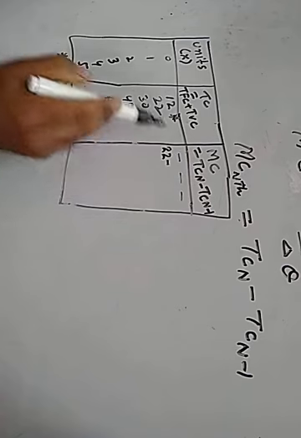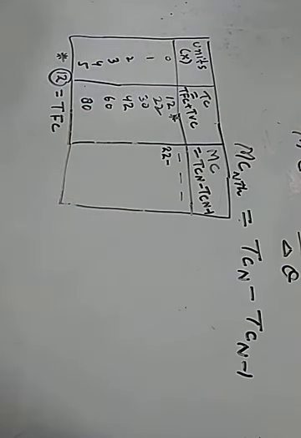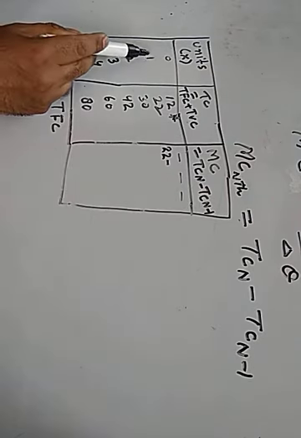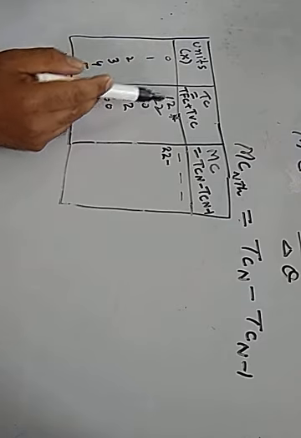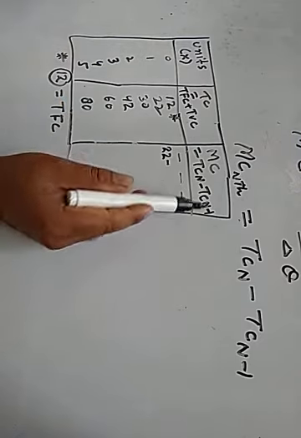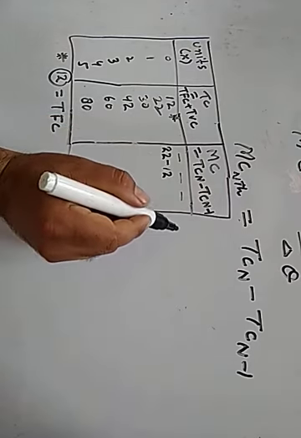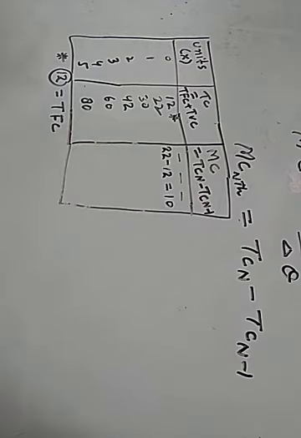That is total cost of n, the current unit, that is 1 unit, and total cost of n minus 1, 1 minus 1, that is 0 units, total cost is equal to 12. So 22 minus 12 is equal to 10.